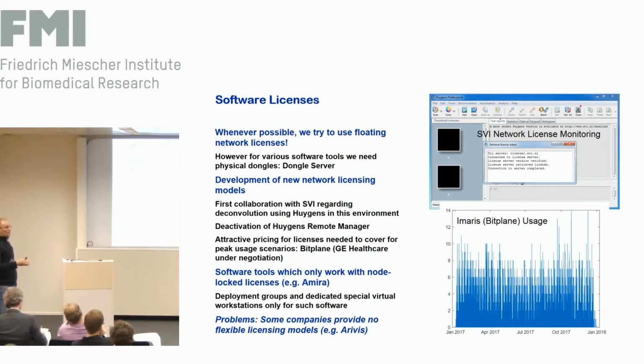You buy one license, you want to introduce a new software in such an environment, and we all know that only a few people are using this. Initially, they test, they have to move from one software platform to the other. You simply cannot afford to have too many licenses. If you have only one and someone starts opening a lightsheet data set, this lasts for 1 day, no one will use it. No one will start using it because no access. So we failed fully to have a flexible licensing model.